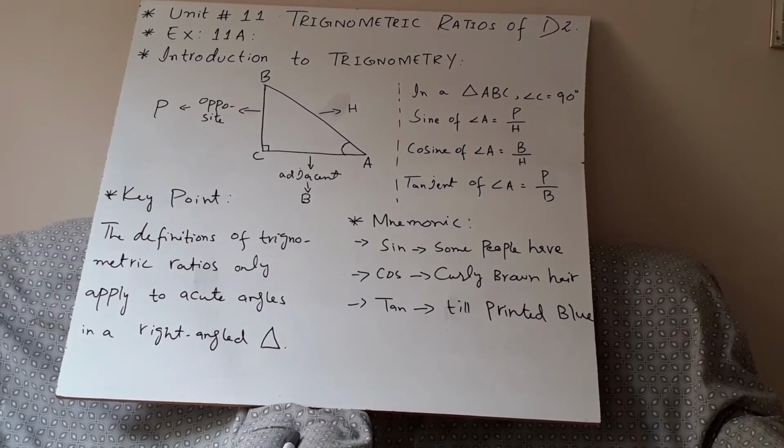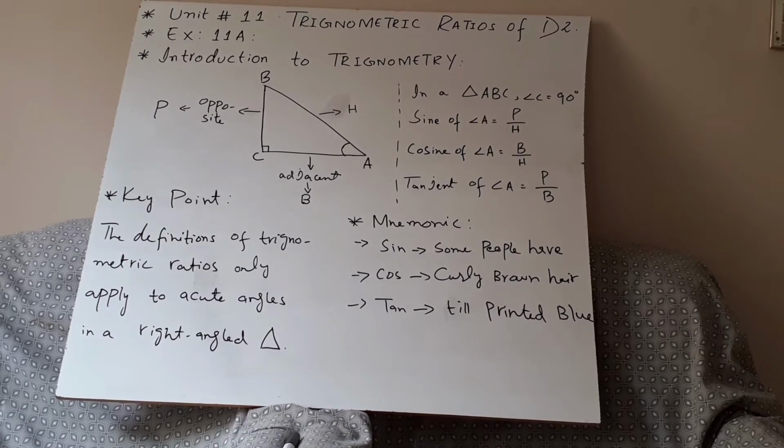You can see another angle other than the right angle, which is at A. That angle is an acute angle, which is greater than 0 and less than 90 degrees.